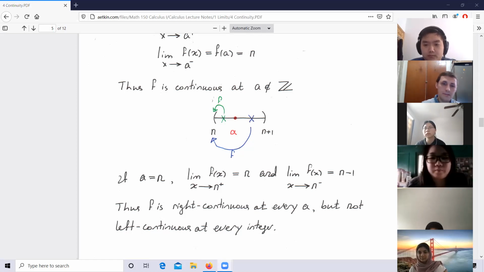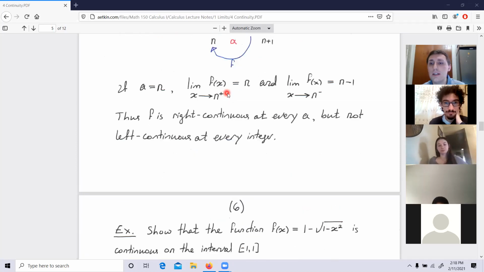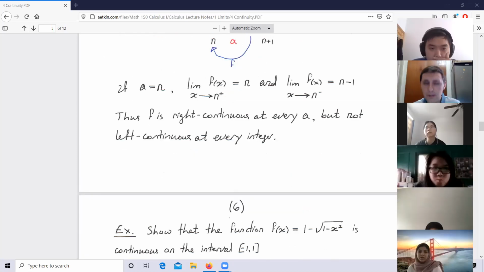Yes. Good. And now pick an integer. If the a, sorry, is at an integer, then what happens? Let's draw a picture.